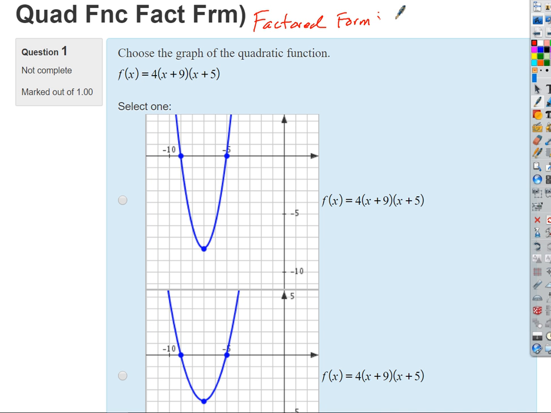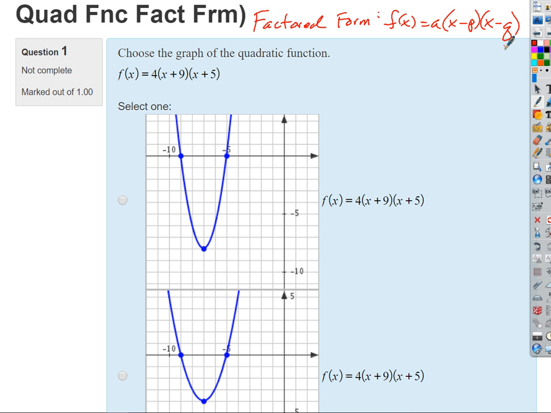So factored form looks like f of x equals a times the quantity x minus p, times the quantity x minus q.